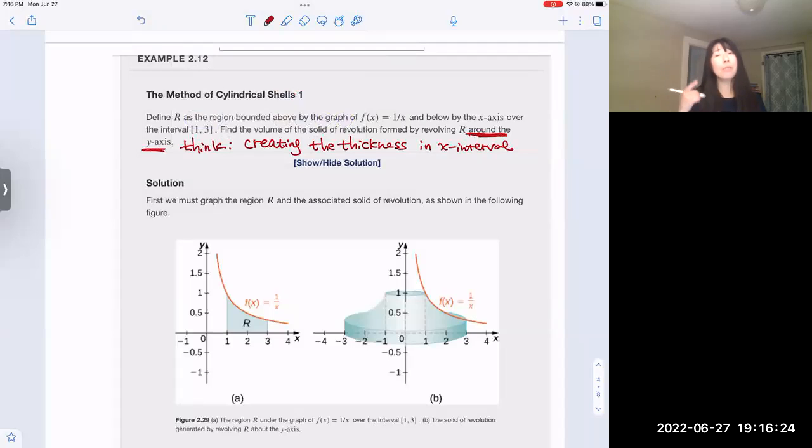That means integrate with respect to x. Then everything, the variable, must be in x, right?